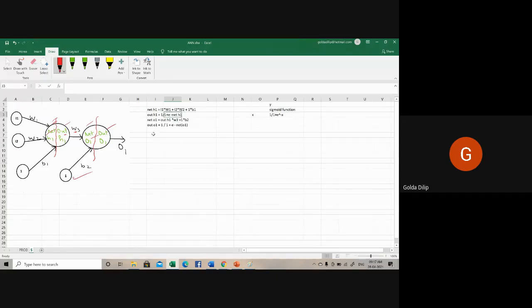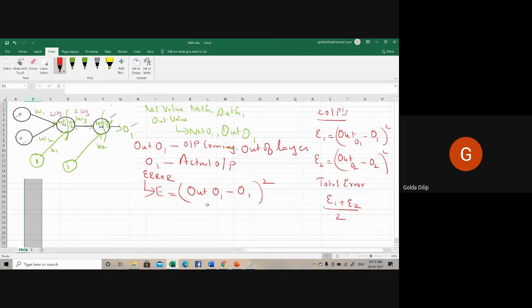So what will be the error in this case? What is the formula I gave? The error is out O1 minus O1, whole square.